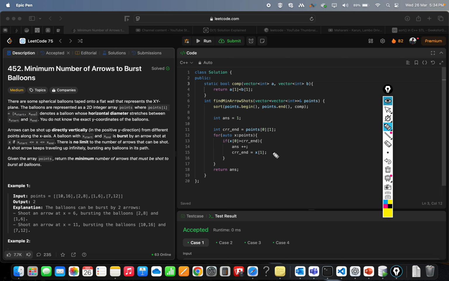So the answer will get plus plus, and the current end will become the end of that balloon. Okay, so that's it in this code. I will return the answer and we got the solution.